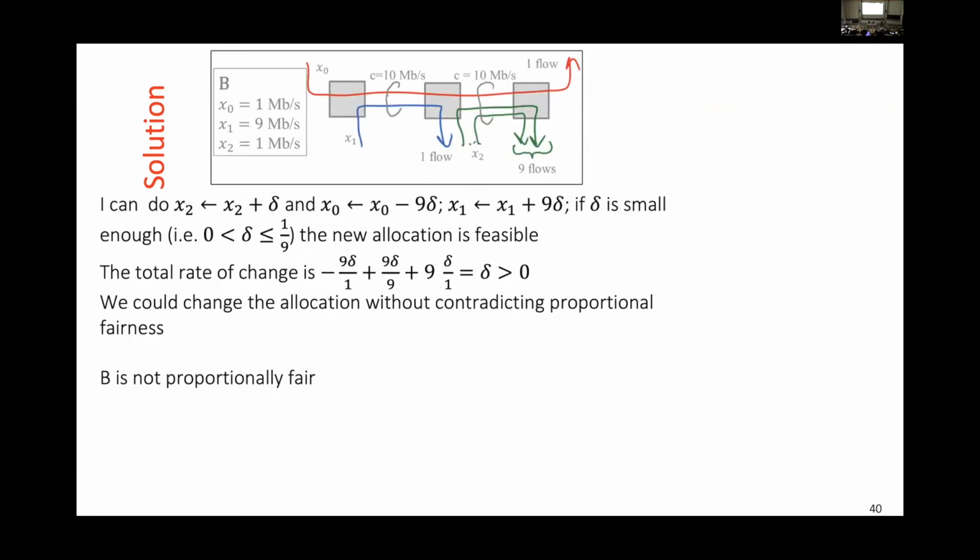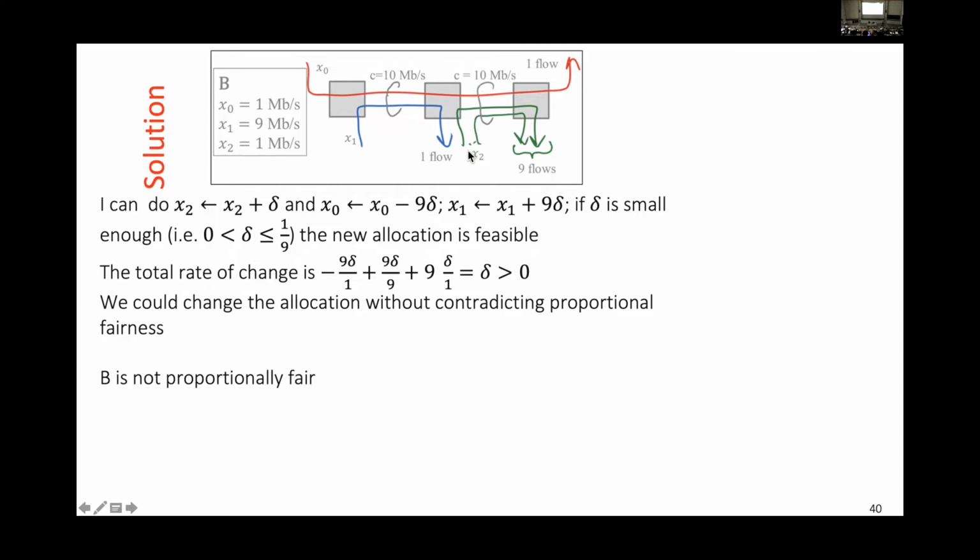Well, we can do the same thing for the second network. This is a network that most of you mistakenly thought is proportionally fair. So I do the same thing. I compute another allocation that is feasible. Here, I add a small delta to each of these green flows. So instead of x2, I take x2 plus some delta. I should make it feasible. So this link here was saturated.